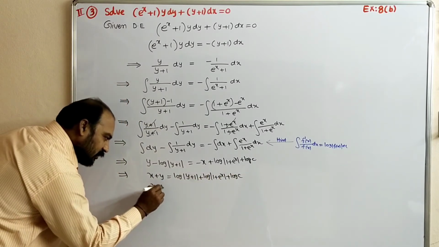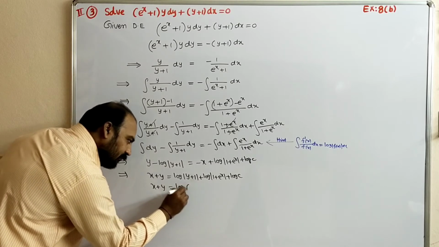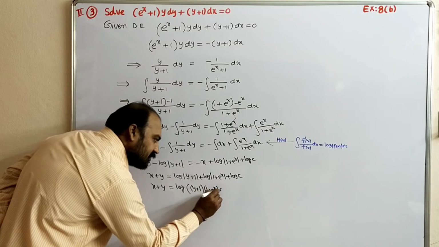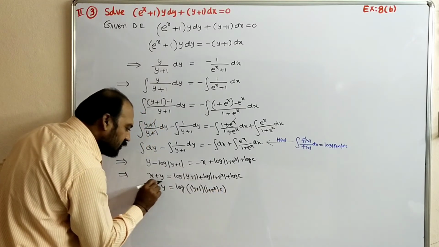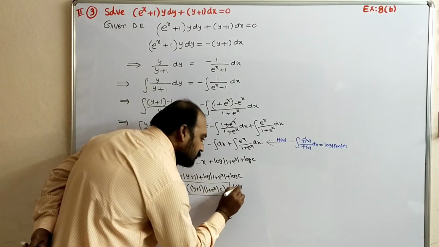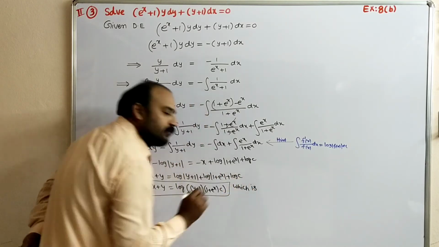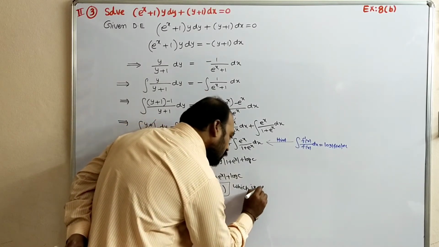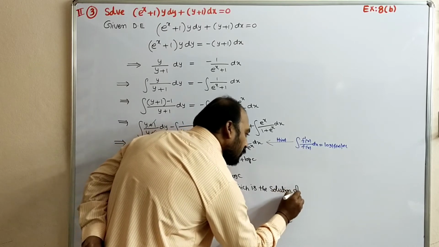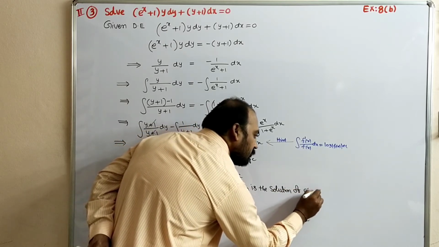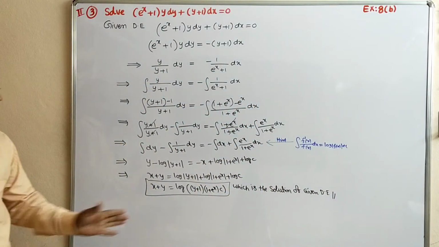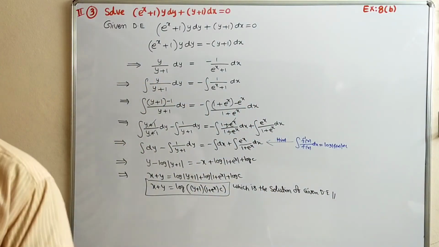So x plus y equals log of y plus 1 into 1 plus e power x into c, which is the required solution of the given differential equation. Hence the result. We will move to the next question.